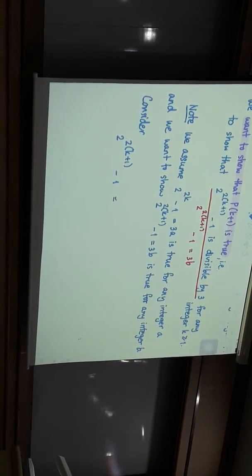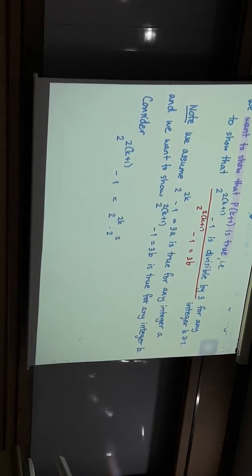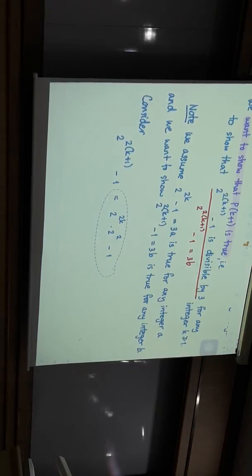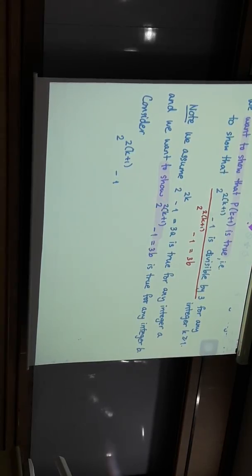So this is equal to 2 to the power of 2k times 2 to the power of 2, and then minus 1. Is that right? You start with this first. Why do you start with this? Because this is what you want to show. Okay, so that's why I start with the left-hand side.